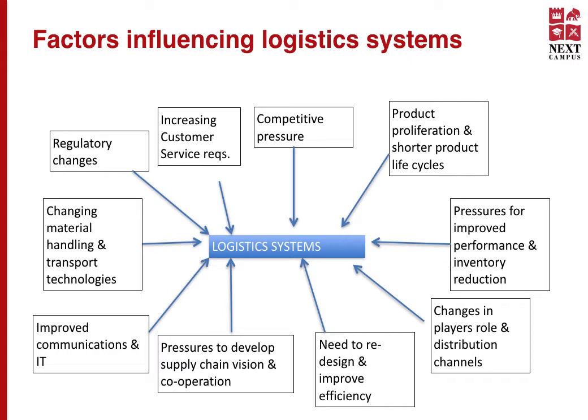These are competitive pressure, product proliferation and shorter product life cycles, pressures for improved performance and inventory reduction, changes in players' role and distribution channels, the need to redesign and improve efficiency, pressures to develop supply chain vision and cooperation, improved communications and information technology, changing material handling and transport technologies, regulatory changes, increasing customer service requirements.